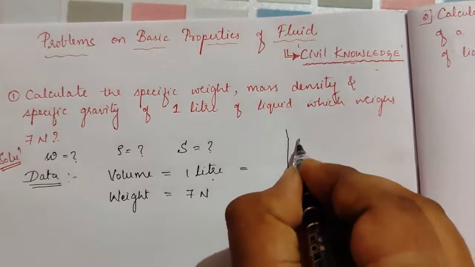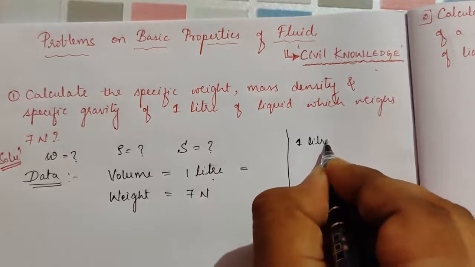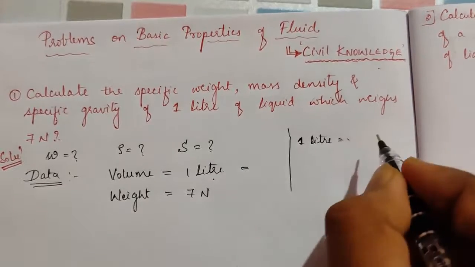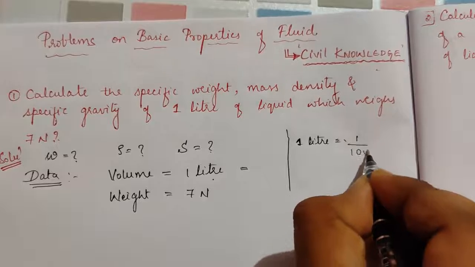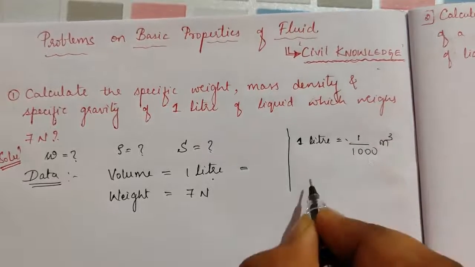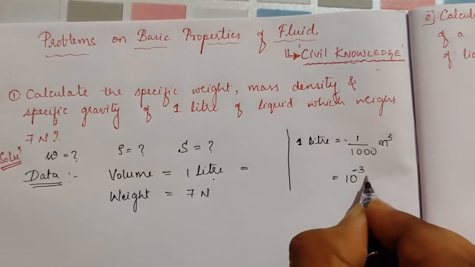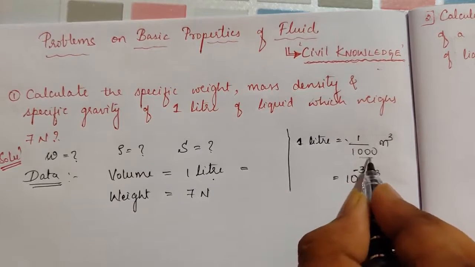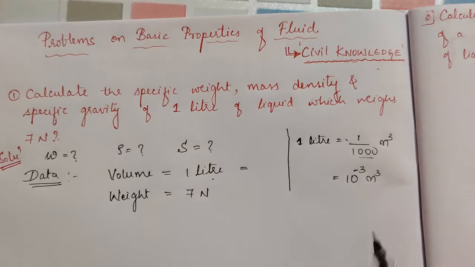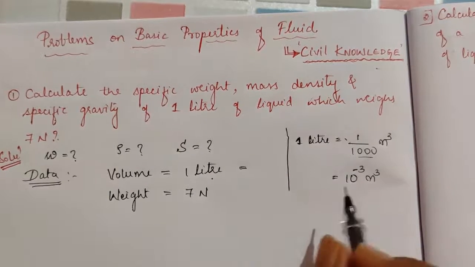Your 1 liter is nothing but 1 by 1000 meter cube, or we can also write 10 to the power of minus 3 meter cube. If this 0 goes up, we will get minus 3 meter cube.